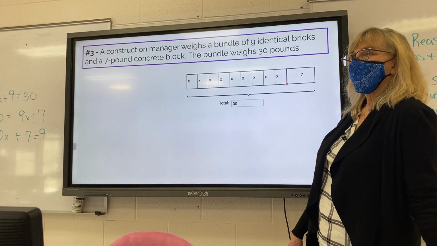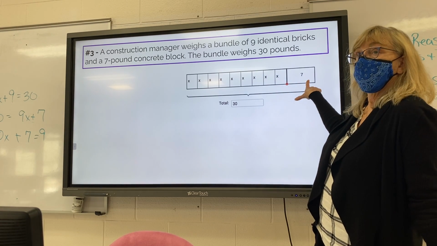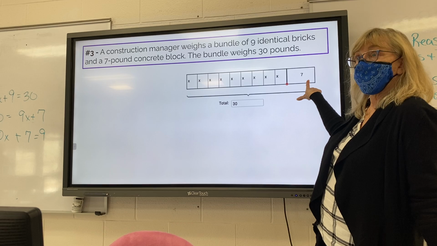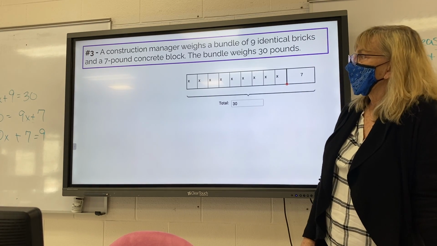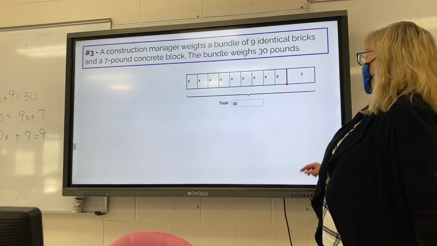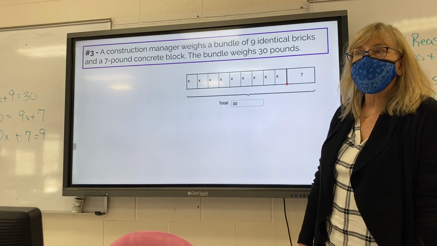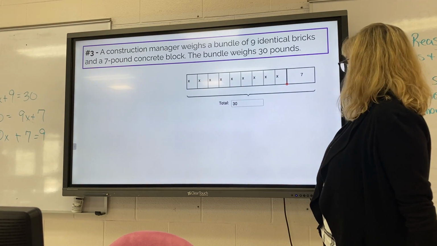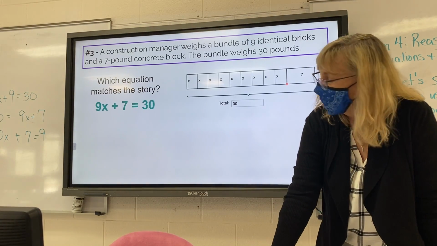What do we do to the 9 X's? We added on a piece of 7, right? To equal 30. It would be B. So it's B. 9x plus 7 equals 30. Does it matter that it's written 30 equals 9x plus 7? No. Okay, so now we're good with the equation.